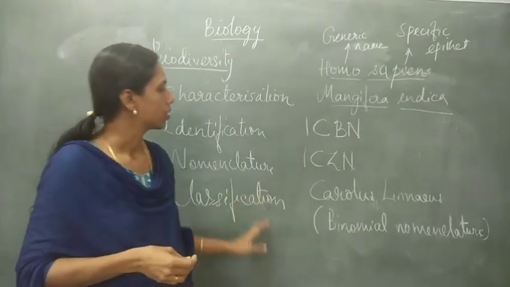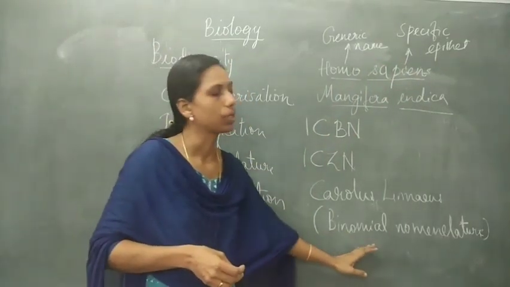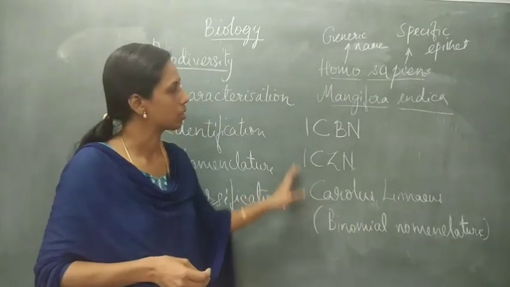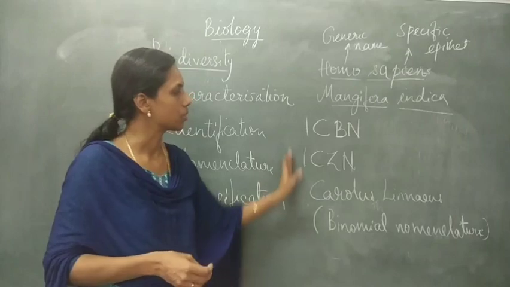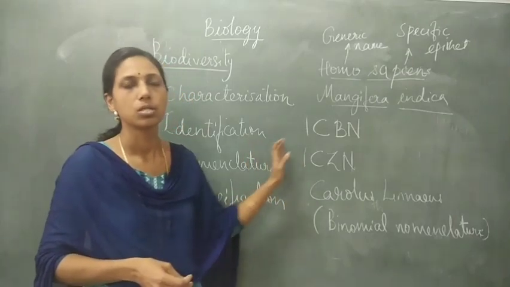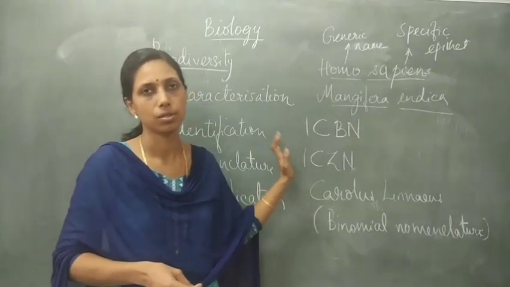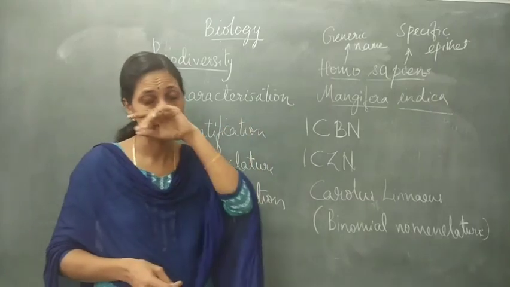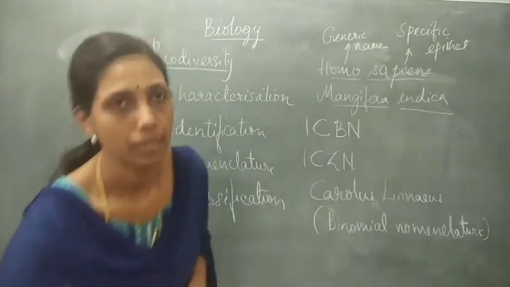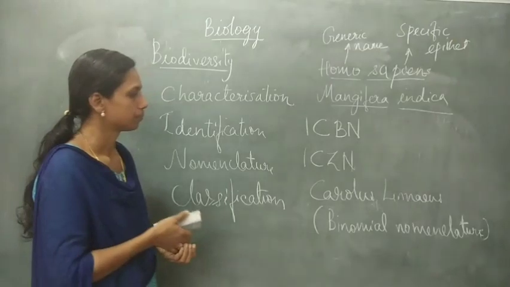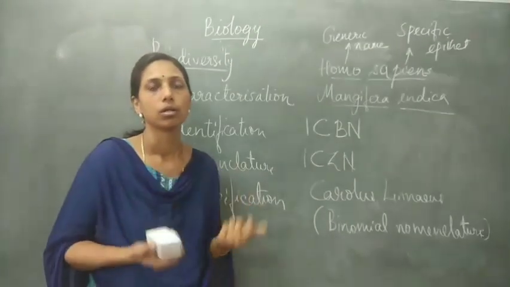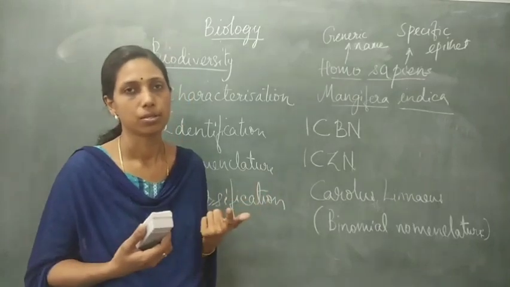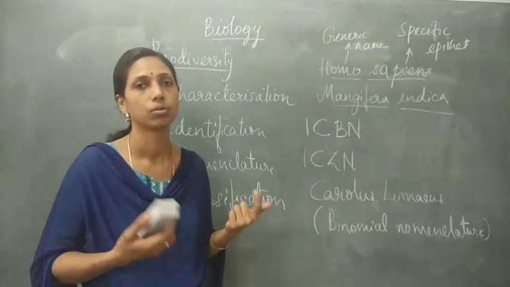In this way the binomial system of nomenclature came into existence, and it made it easy to study different living organisms in different parts of the world, by easy identification through the scientific names. Now there are certain rules for writing the scientific names, or rules of nomenclature.